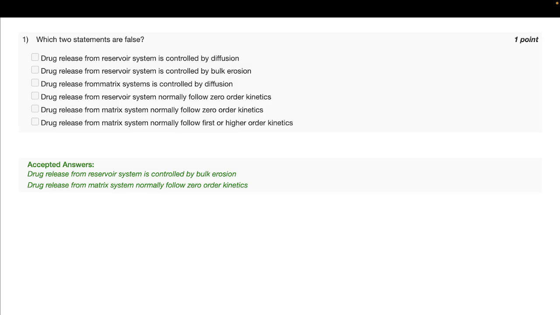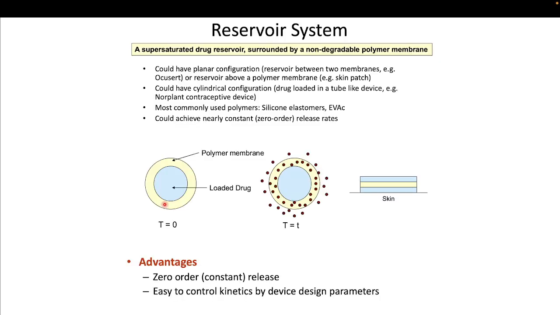Please let me know if there are doubts with the question, or if any concept is not clear. I can repeat the explanation again. Okay, if there are no doubts, I'll move on towards the next question.